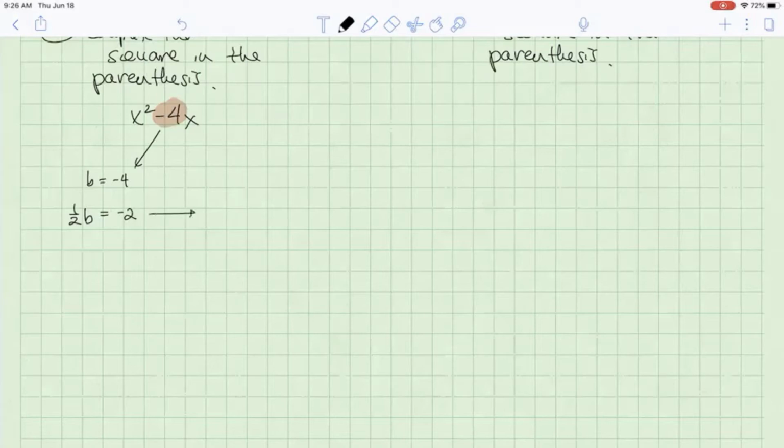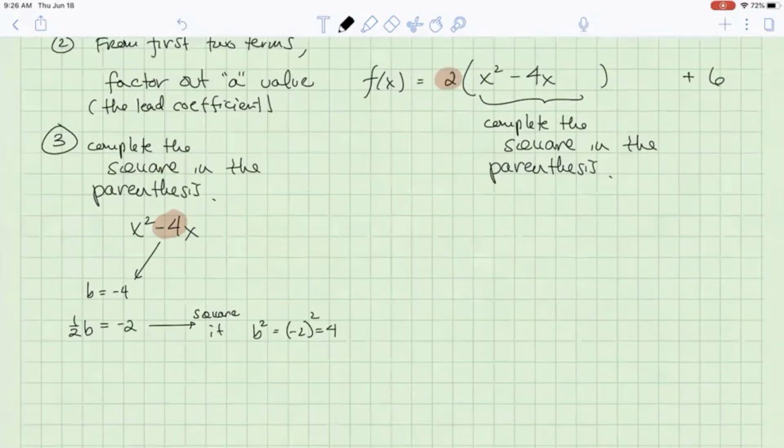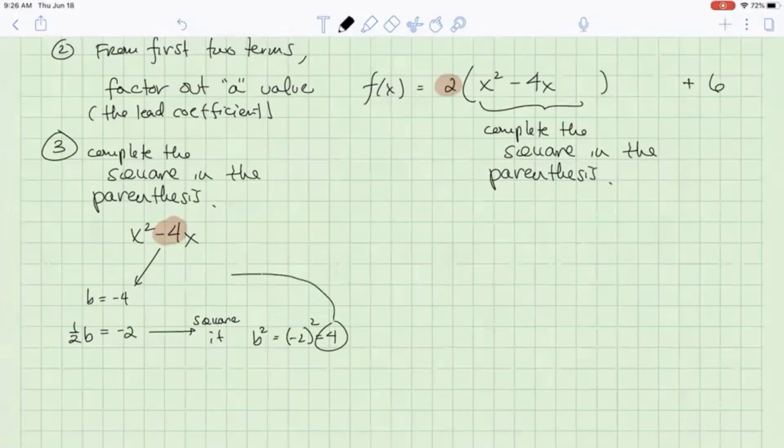And then we're going to square it. And in that case, b squared is negative 2 squared, which is 4. And that is the magic number that we need to add into our terms to make this a perfect square.